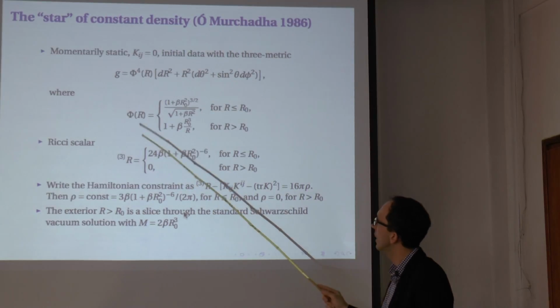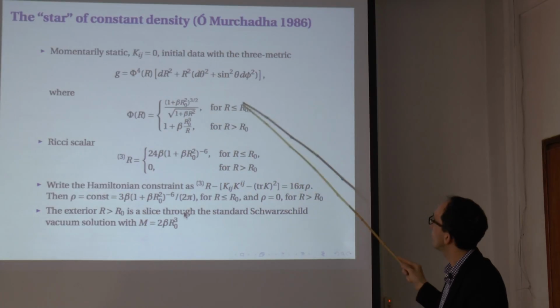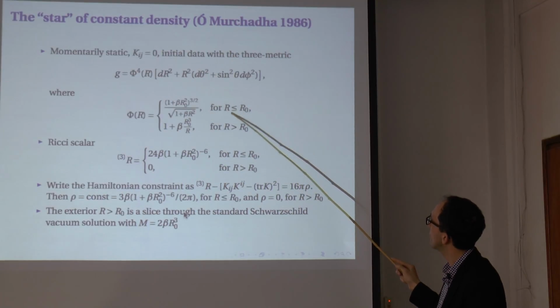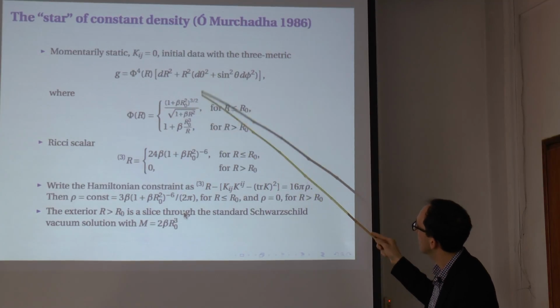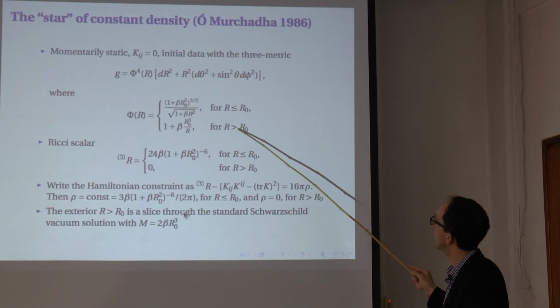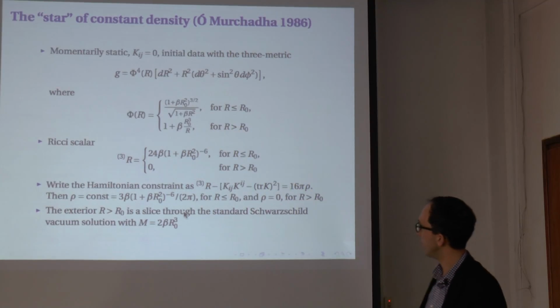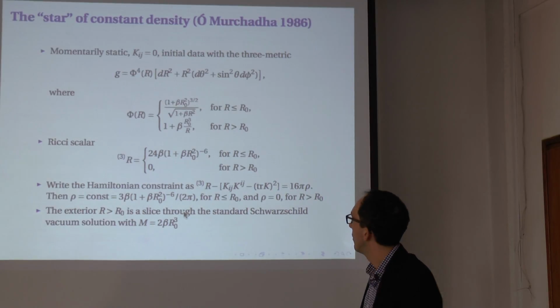And you choose this conformal factor in that way. So up to some radius R0, you choose that function, and above that radius R0, you choose a different one. And then, how many times differentiable is it?